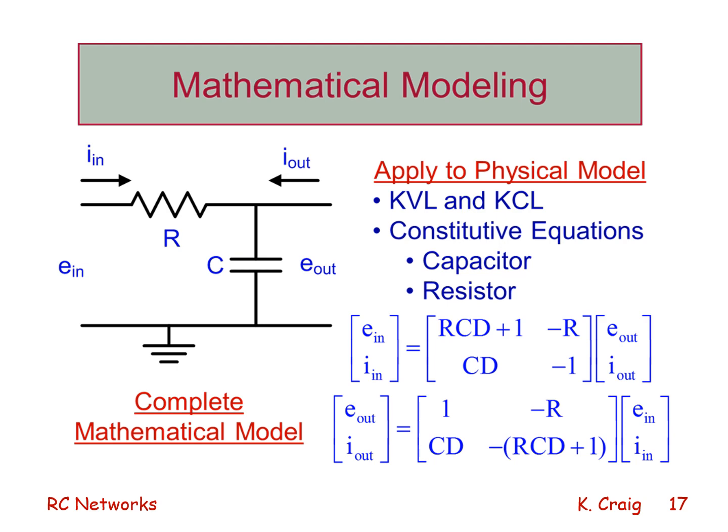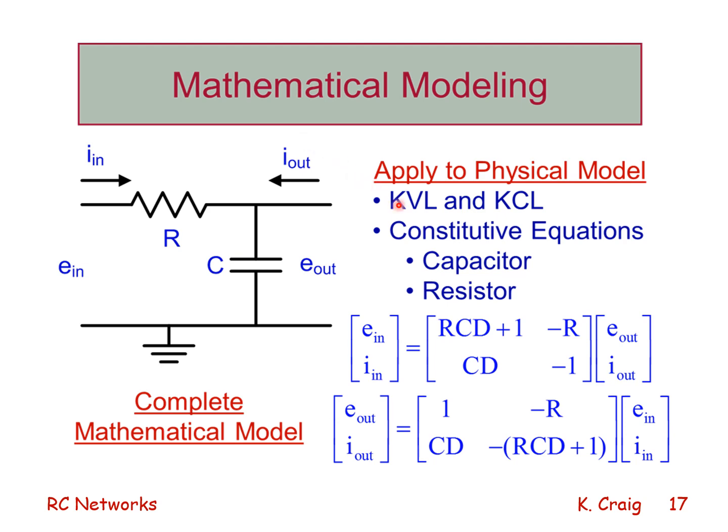The mathematical modeling of my physical model is next. I'll start by creating the complete mathematical model of my RC circuit with the input variables voltage and current, whose product is power, and the output variables voltage and current, whose product is power.